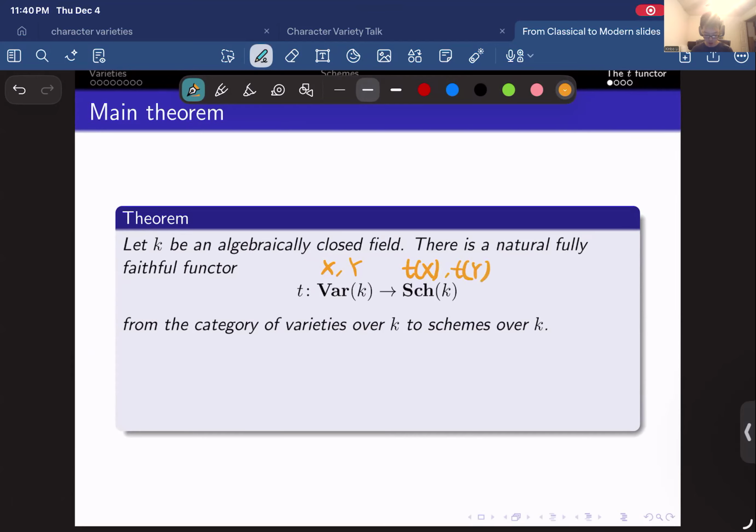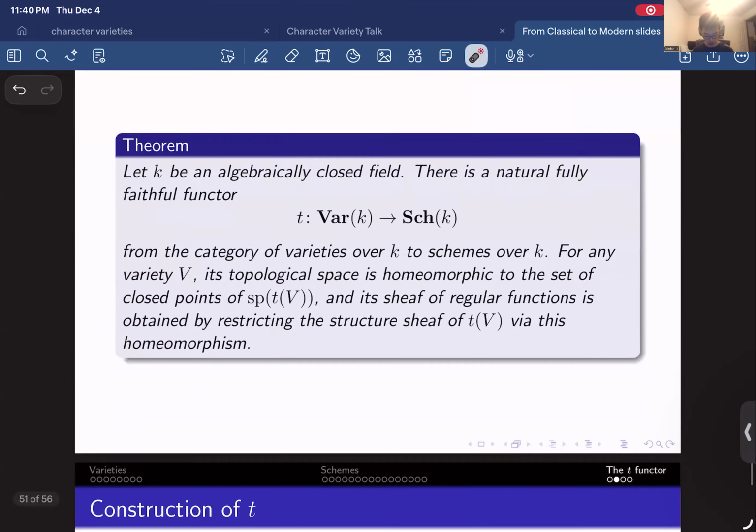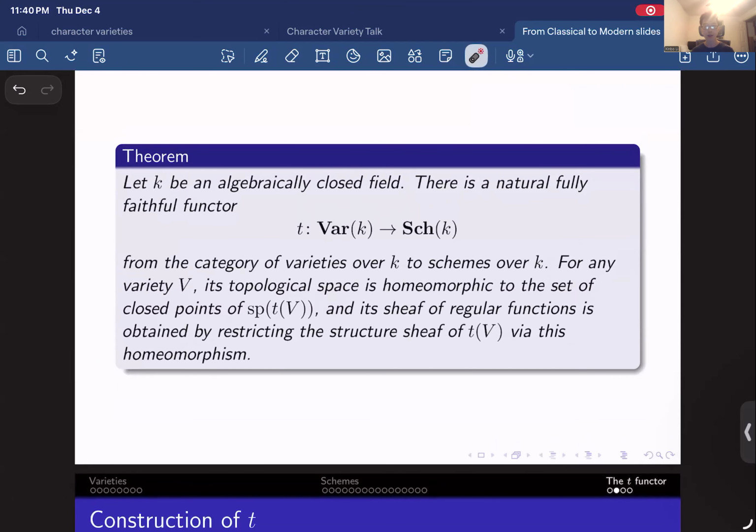There's a one-to-one correspondence between maps from X to Y and maps from T of X to T of Y, where the first happens in the world of varieties over K, and the second in the world of schemes over K. Additional statements: for any variety V, its topological space is homeomorphic to the set of closed points of the underlying topological space of TV, and its sheaf of regular functions is obtained by restricting the structure sheaf of TV via this homeomorphism.